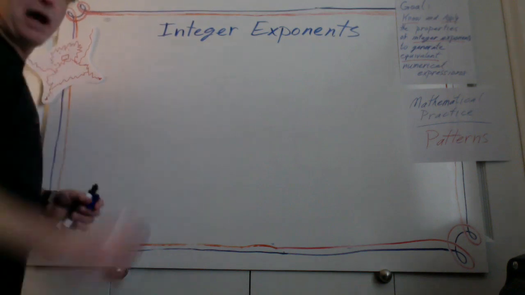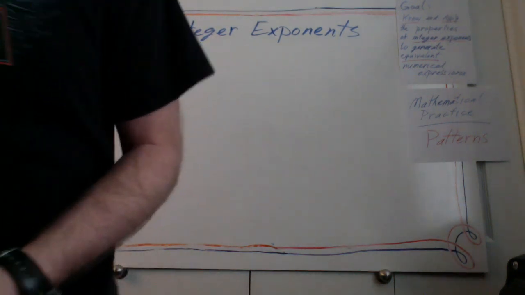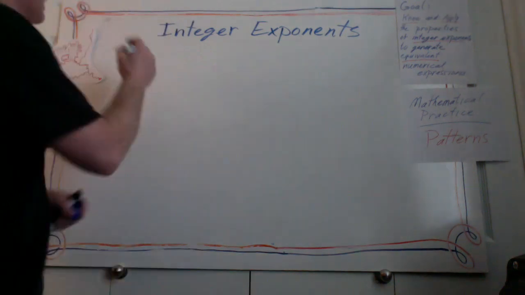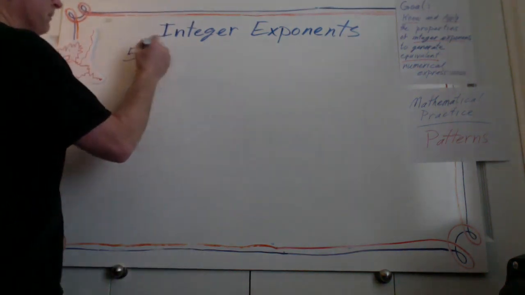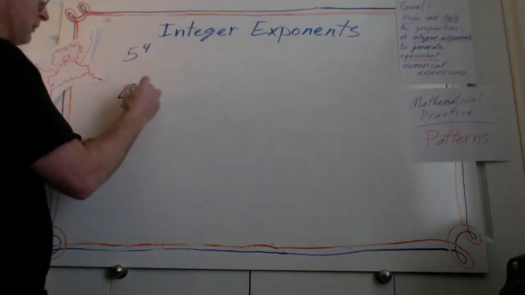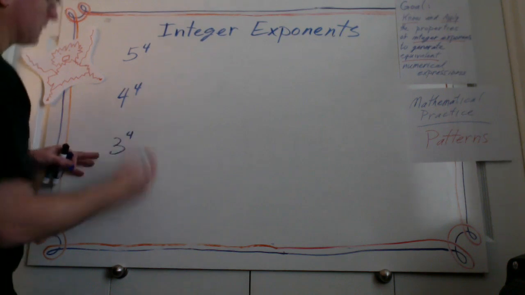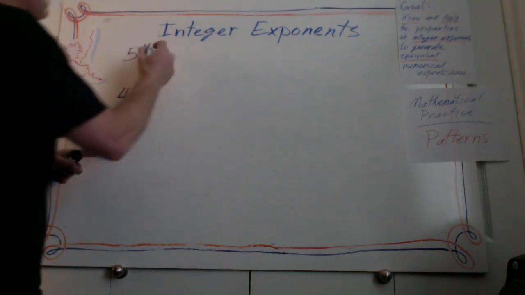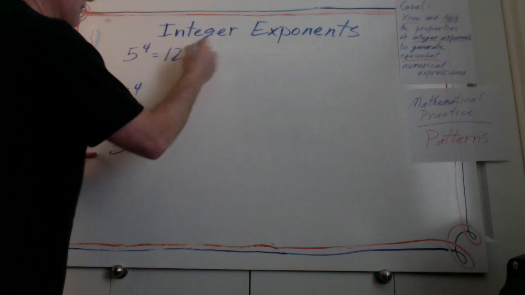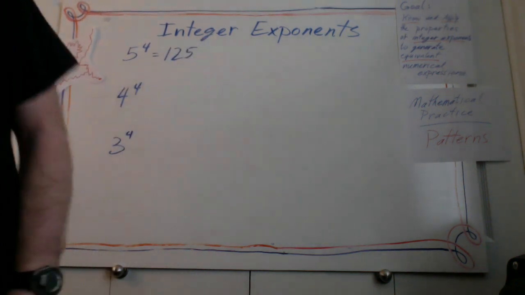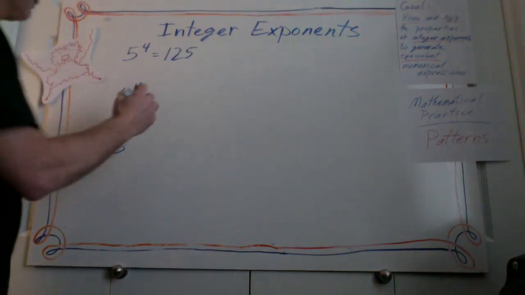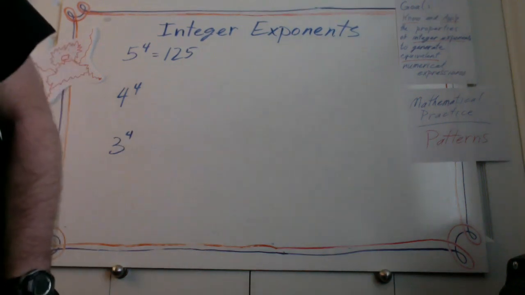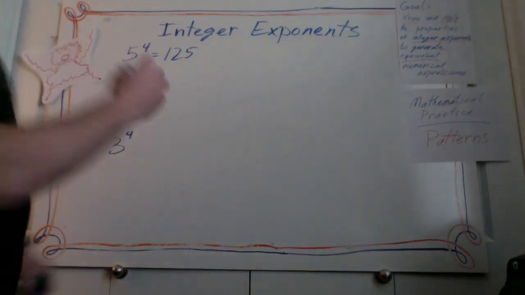So if I was to start off with 5 to the 4th, 4 to the 4th, and 3 to the 4th. 5 to the 4th is 125. 4 to the 4th is 256.